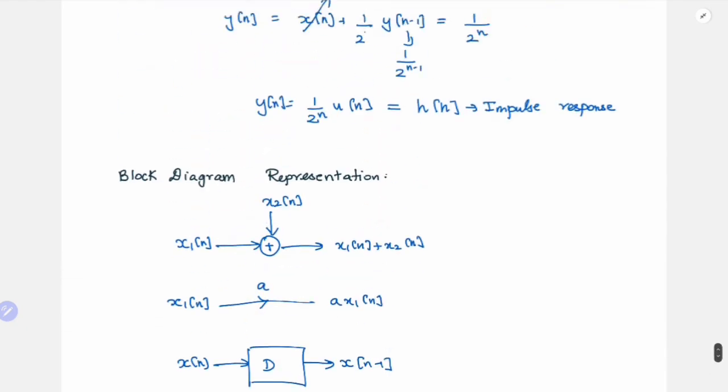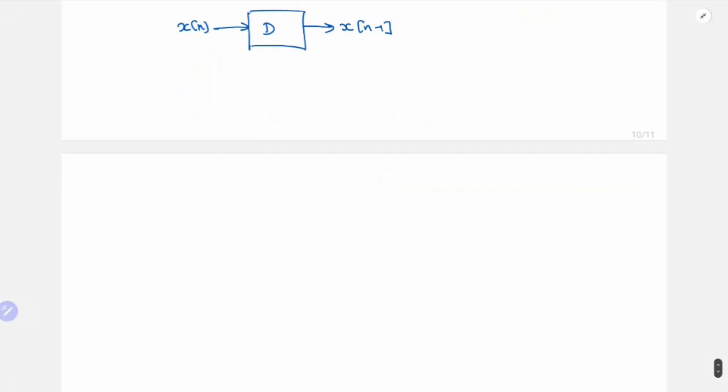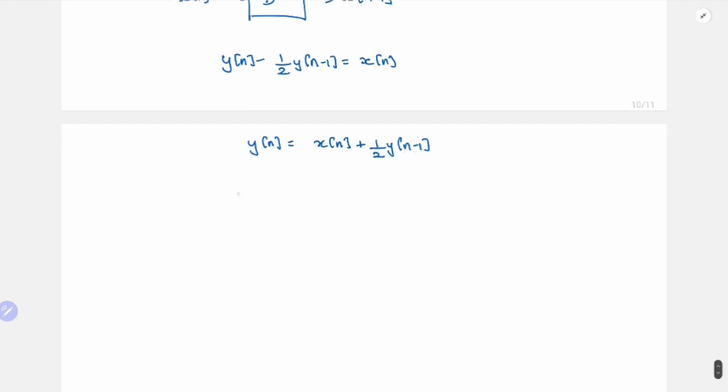So now let's say I want to represent this system given by y of n minus half y of n minus 1 equal to x of n. So this is nothing but y of n is equal to x of n plus half y of n minus 1. So how will I do it?